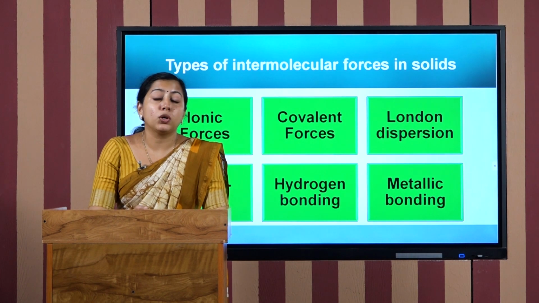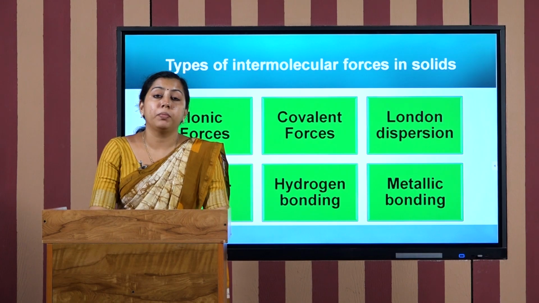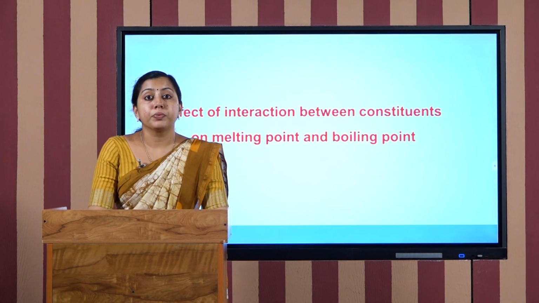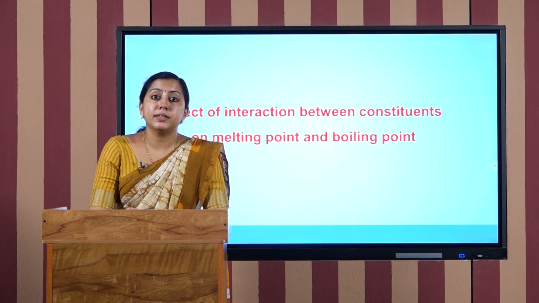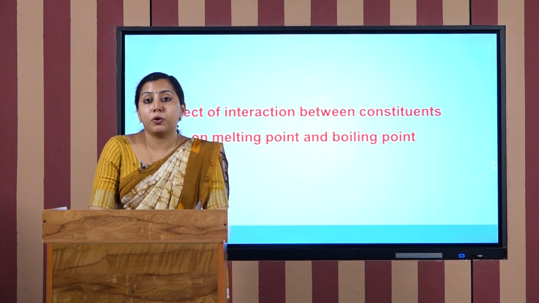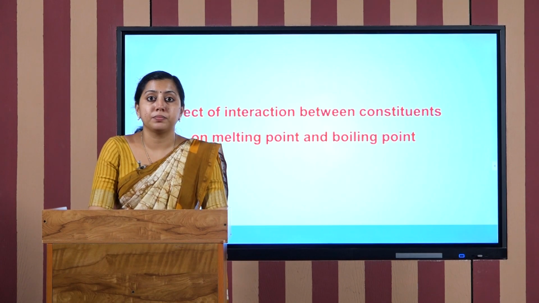And these solids are characterized by different types of intermolecular forces such as ionic force or electrostatic force of attraction, covalent forces, weak dispersion forces or London forces, dipole-dipole interactions, hydrogen bonding, metallic bonding, etc. Now, let us see how these intermolecular forces affect the melting point and boiling point.